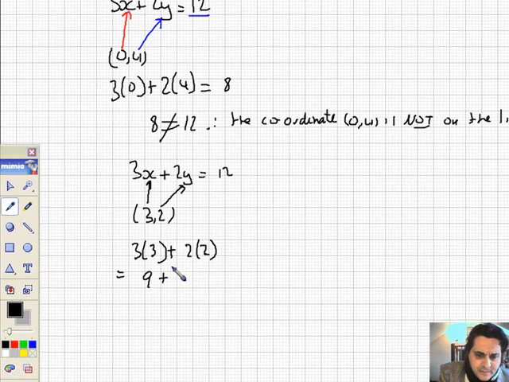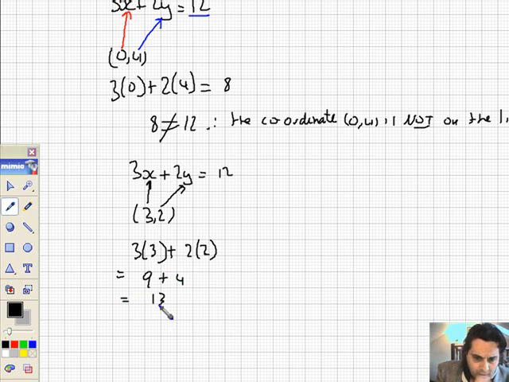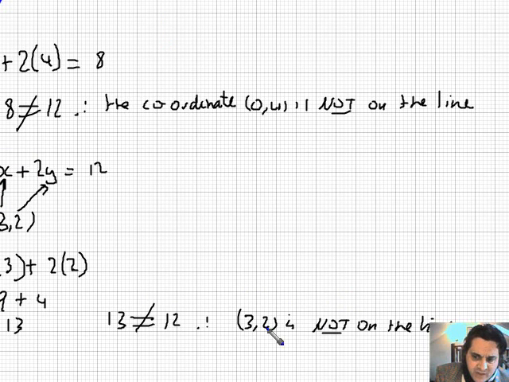Well, 3 3s are 9, 2 2s are 4. That comes to 13. Well, 13 does not equal 12, therefore 3, 2 is not on the line. Be nice to find one. But anyway, when you do, you should get the answer of 12.